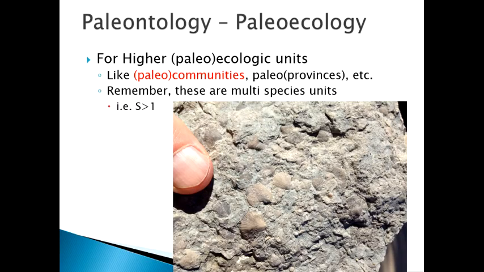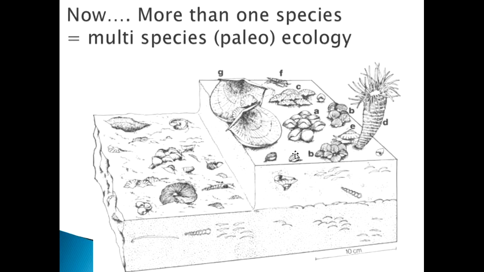So what we're going to be doing then is looking at higher paleoecological units. I talked about those last time. And we're going to spend a good amount of time now looking at what's known as paleocommunities, which would be something like this: the group of animals that are living in the same place at the same time.